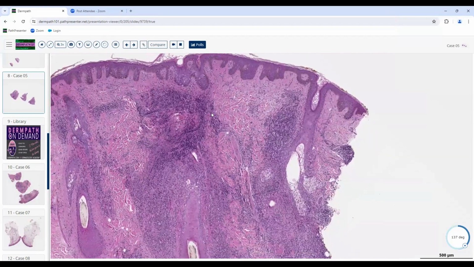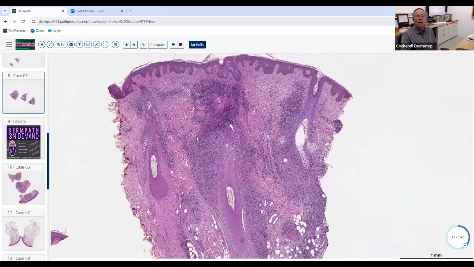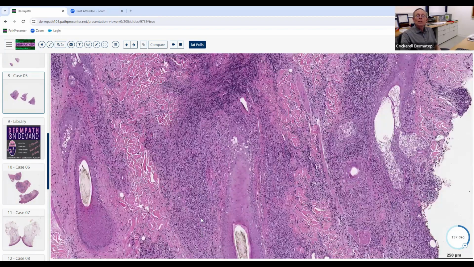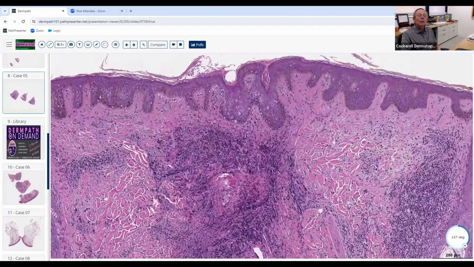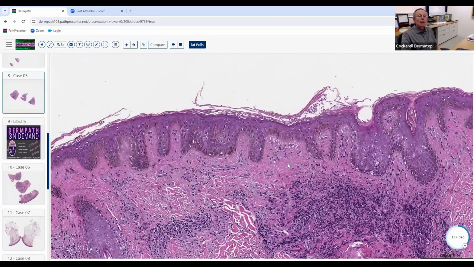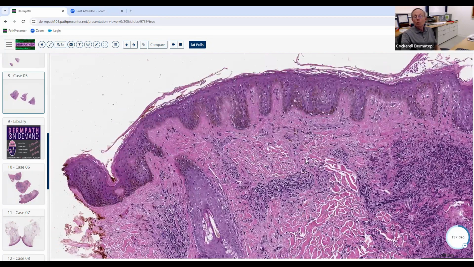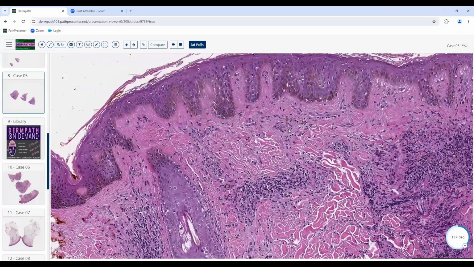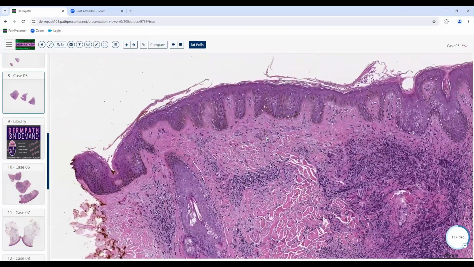What's the most likely diagnosis of this alopecia? I favor discoid lupus for this. Okay, good. You're correct. Now, one thing that's interesting about this case of lupus, what's a little bit unusual about this lupus case here? It was unusual because I didn't see a lot of epidermal changes. I didn't see changes in the basement membrane.